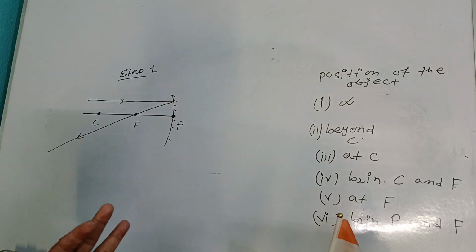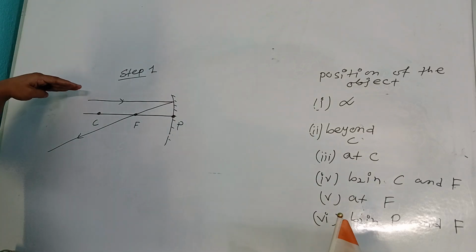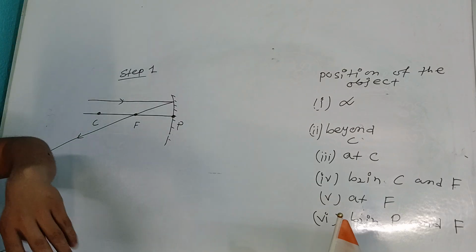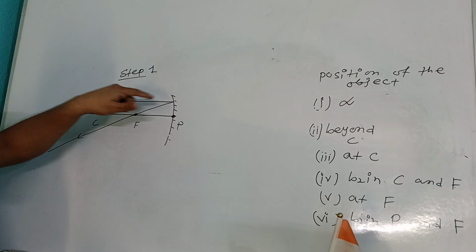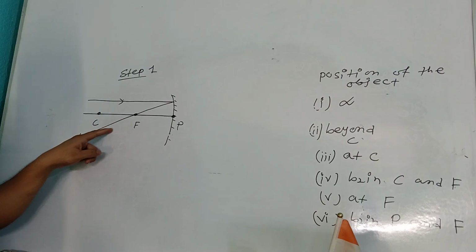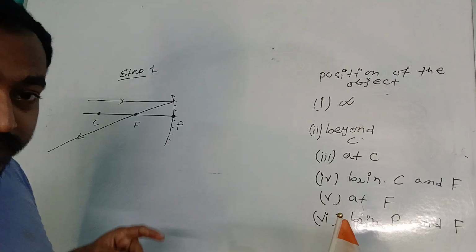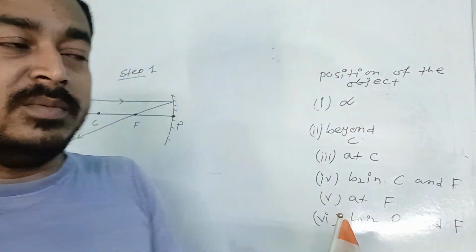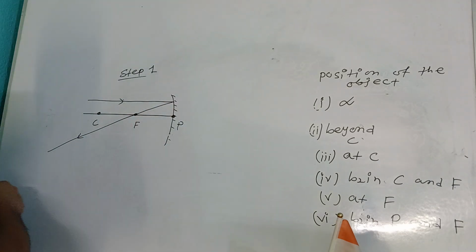So this is one of the processes. You can draw the ray diagram easily. Point number 1: when the incident ray is parallel to the principal axis, after the reflection it will pass through the focus.